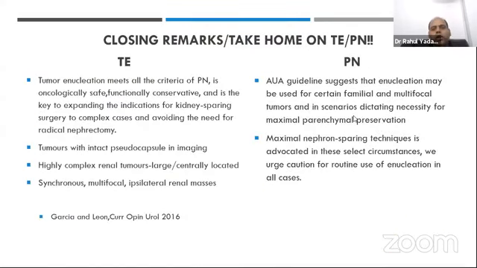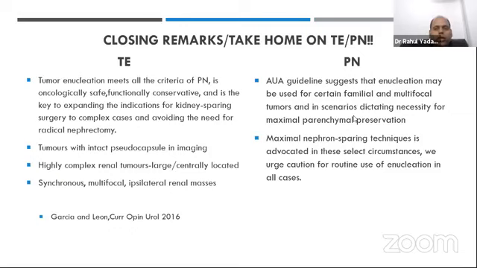Coming to the closing remarks and take-home message on tumor enucleation and partial nephrectomy. Tumor enucleation meets all the criteria, is oncologically safe, functionally conservative, and is key to expanding the indications for kidney sparing surgery, especially in complex cases.